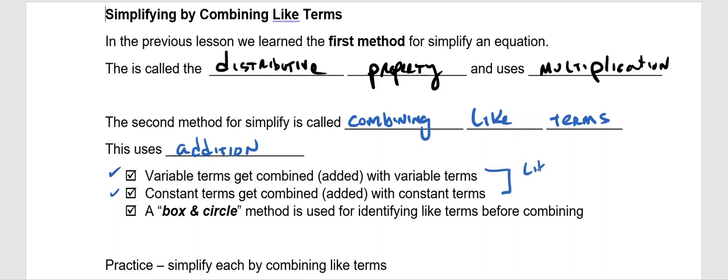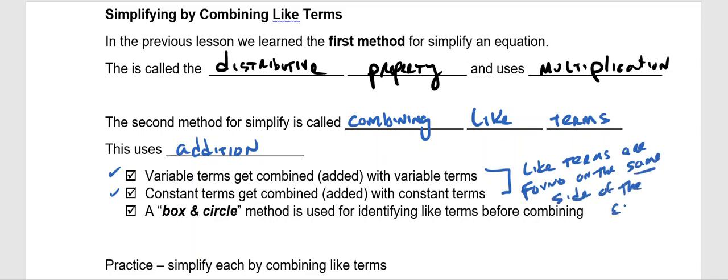The like terms are found on the same side of the equation, because there may be some confusion over seeing the same term but on different sides of the equation, and how we deal with that versus what we're going to do now.